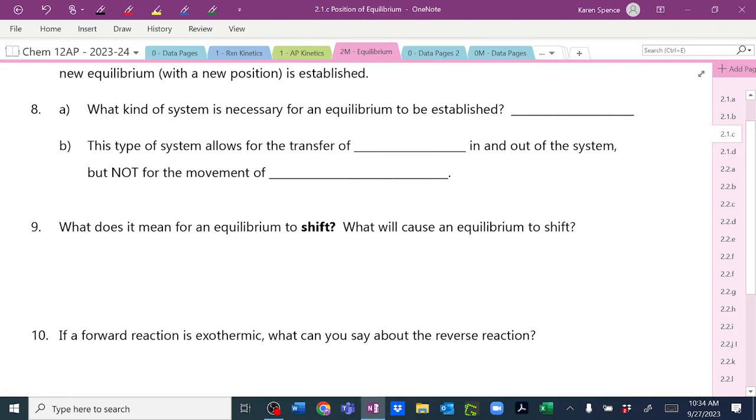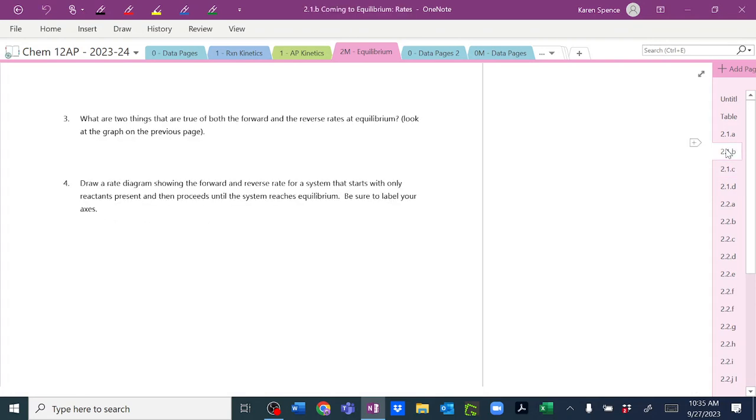Page 10, question 3. We're going to post that for you, okay? Are we good with that? Okay. Now let's go to page 10, which is the 2.1b.